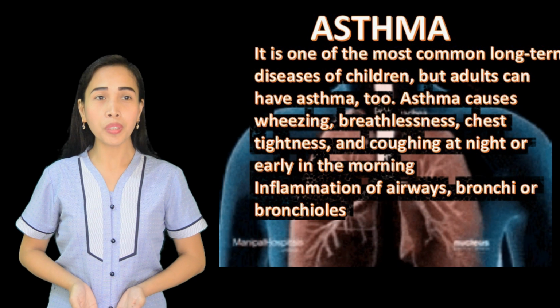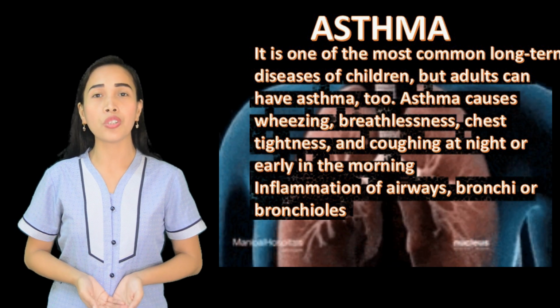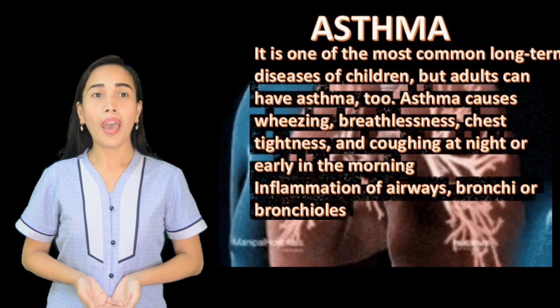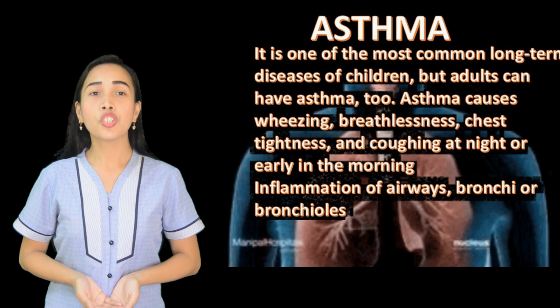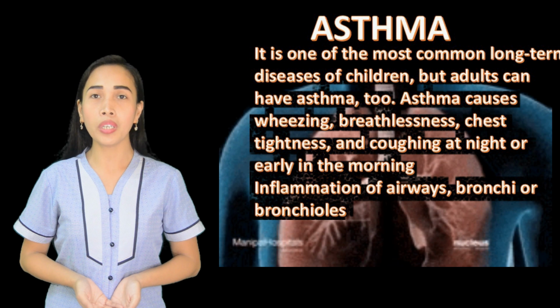First, asthma. It is one of the most common long-term ailments in children, but adults can have this too. Asthma causes wheezing, breathlessness, chest tightness, and coughing at night or early in the morning.